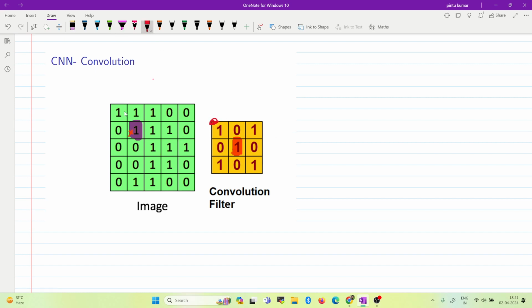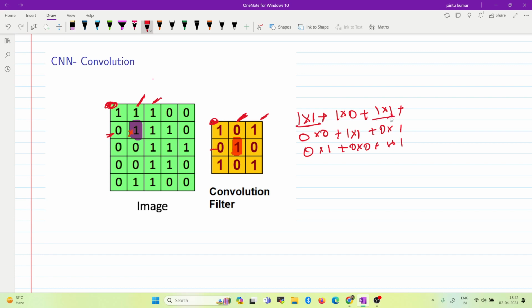So this point gets multiplied by this point because they overlap. So this would be 1 into 1 plus 1 into 0 plus 1 into 1 plus 0 into 0, again plus 1 into 1 plus 0 into 1, plus 0 into 1 plus 0 into 0 plus 1 into 1.